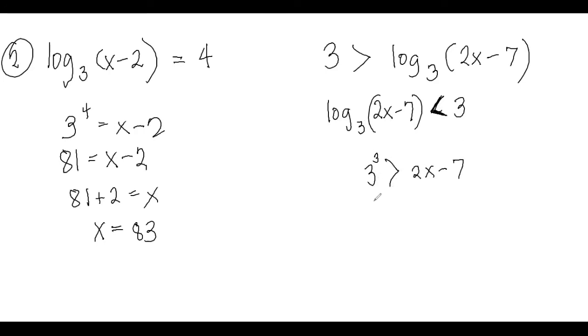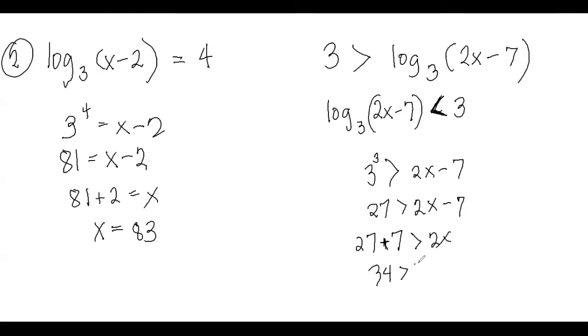So, simplify natin. 3 raised to 3 is 27, is greater than 2x minus 7. Lipat si 7. 27 plus 7, sorry, kasi minus, di ba? 34 is greater than 2x.